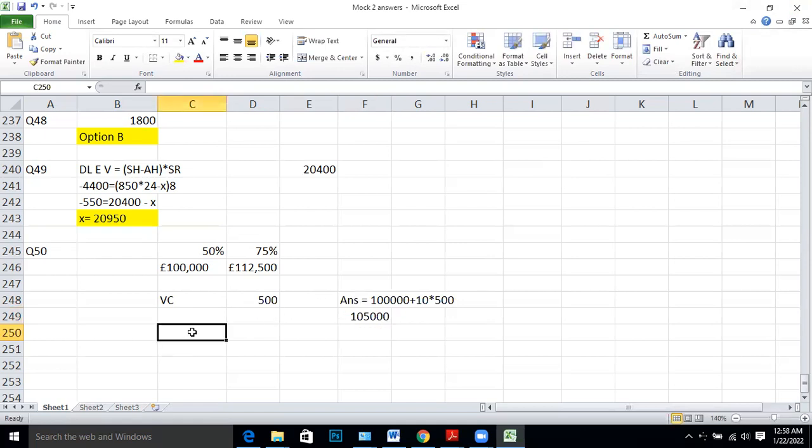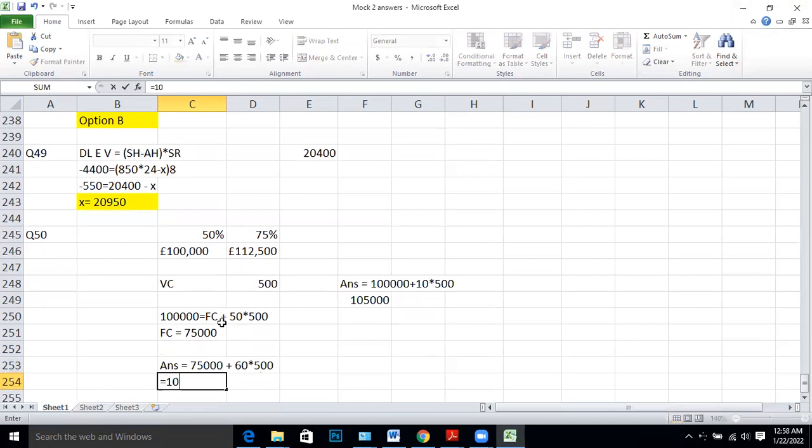If you want to find the fixed cost, then you can do this. 100,000 equals fixed cost plus 50 into 500. Per percentage is 500, right? Fixed cost will be 75,000. Then the answer for 60%: 75,000 plus 60 percentage, per percentage 500 is the variable cost.